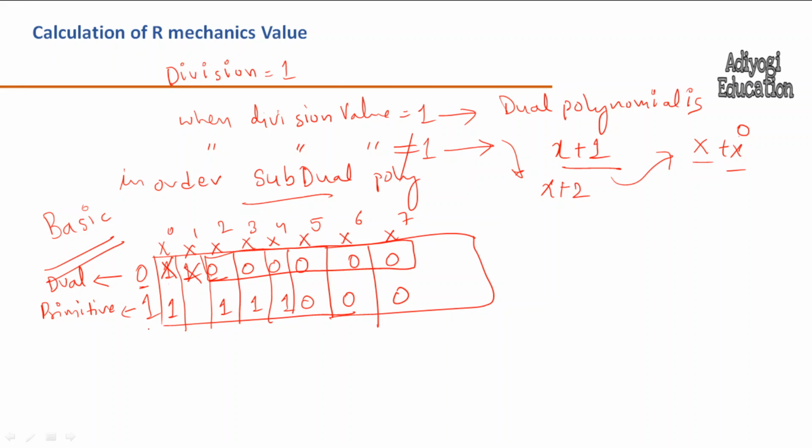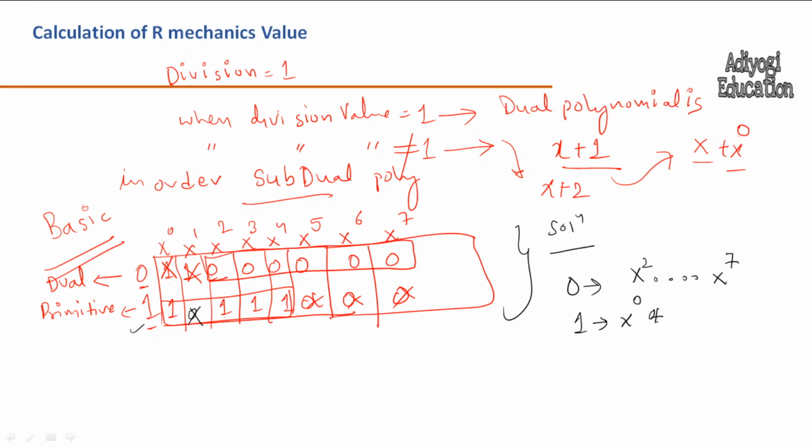Now let's see, this is 1. It means only these are valid. Others are not valid. Now look at this. In our solution we have x for 0 and for 1. We have x power 2 till x power 7. Here we have 1. This was 0, so this was also invalid. x power 0, x power 2 and x power 3.